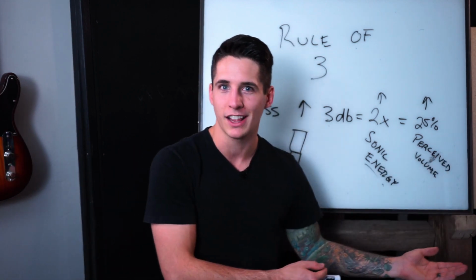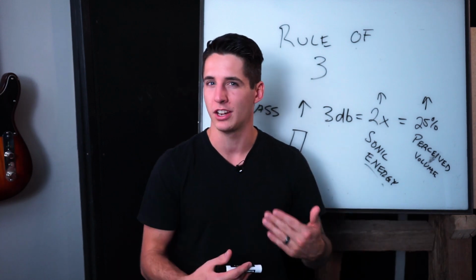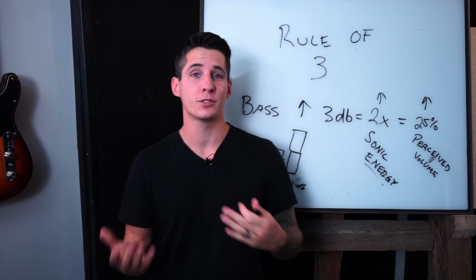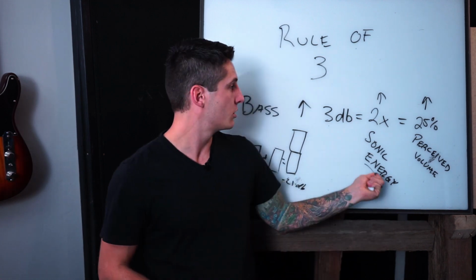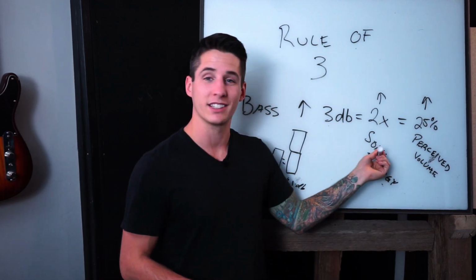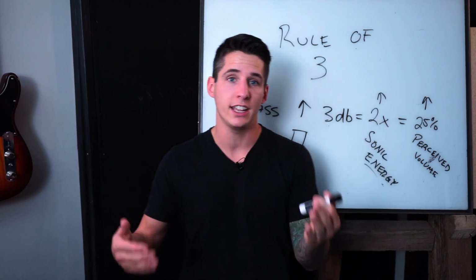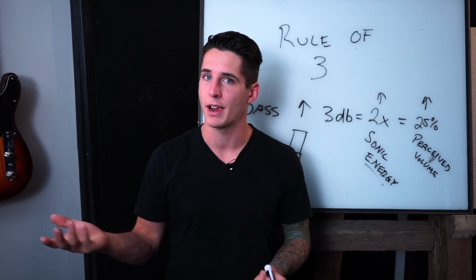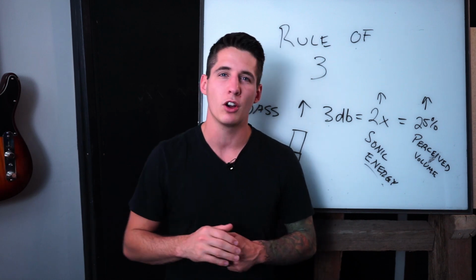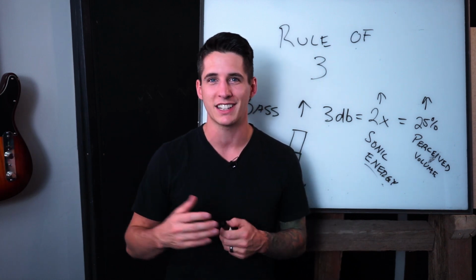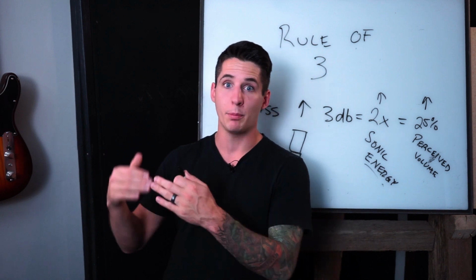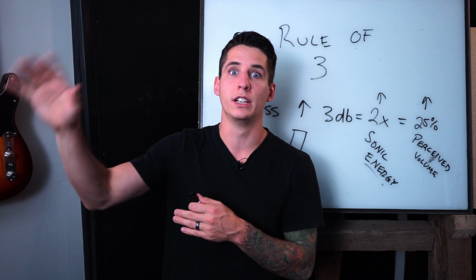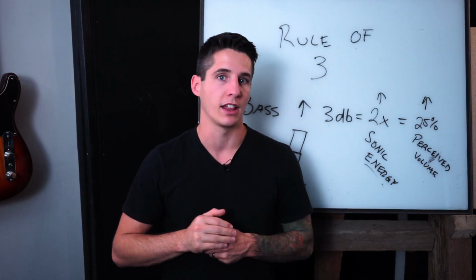Again, going back to the last lesson, incremental changes are way better in terms of getting a professional mix. So if 3 decibels is basically doubling the sonic energy of any move, and I'm gonna boost the 3 kilohertz range inside of my electric guitar, I probably don't want to go beyond 3 decibels, because that's going to end up doubling the sonic energy in that area. If I go more than that, then I'm really doing a massive change inside of my electric guitar.